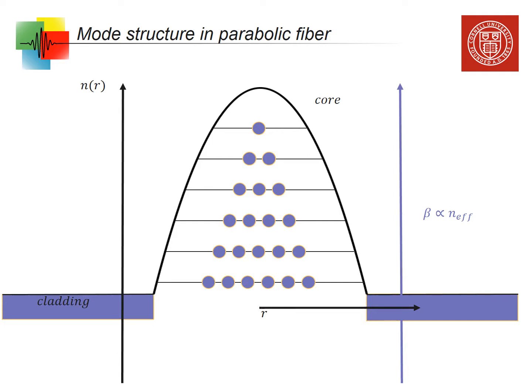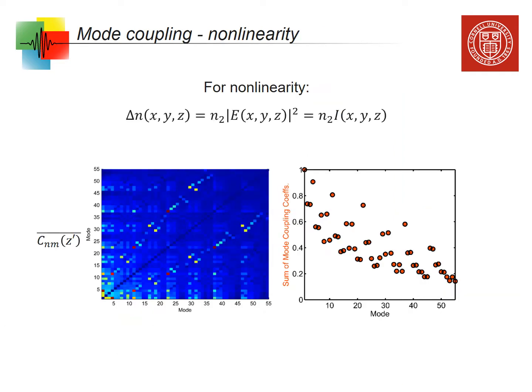Now, if we go back to what we did before and we consider a Kerr-type nonlinearity that is proportional to the local intensity of the light, and we compute on average the mode coupling matrix, that is what we're plotting here, we see that there's an interesting structure to it.